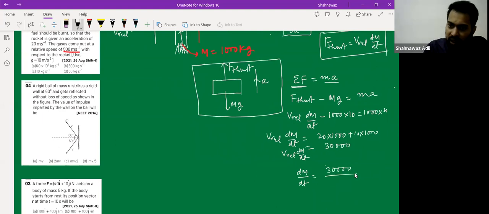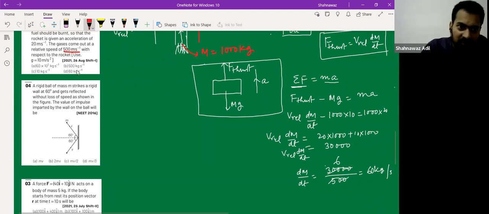Thirty divided by V relative, which is what? 500 meter per second. So 6 kg per second. Right. So 60, right? 60 kg per second. So this one. Understood? Yes, sir.